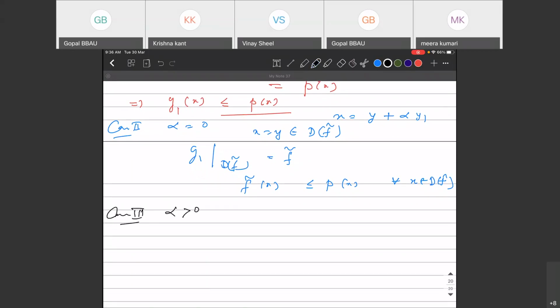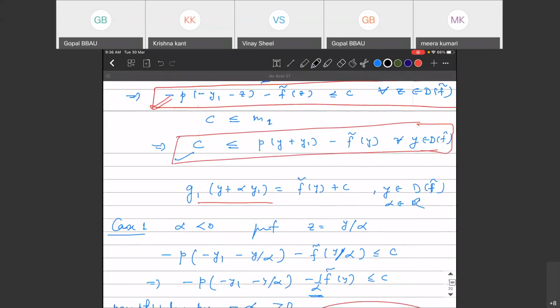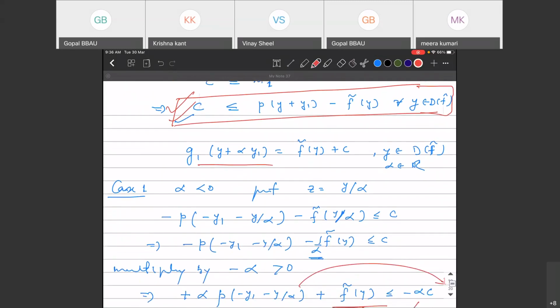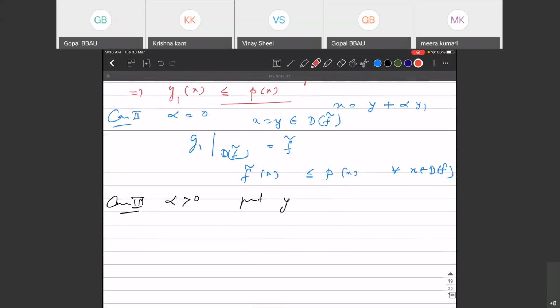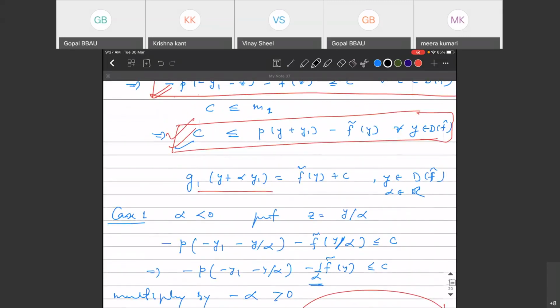when alpha is positive, again use the same trick. Now what we will do, we will put it here. So put y equal to y by alpha. So here it will be c less than or equal to p of y by alpha plus y1 minus f tilde of y by alpha. So I'm putting y equal to y by alpha.